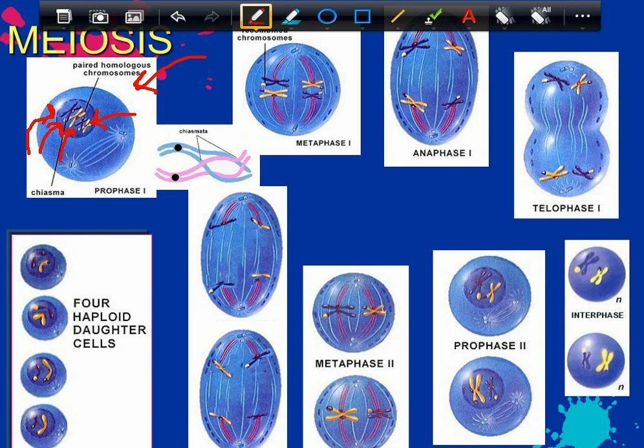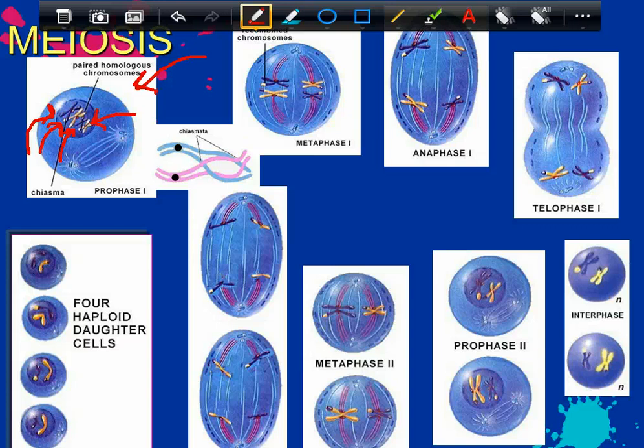Now obviously there are actually 23 pairs. There are going to be 46 in a real cell, but we wouldn't be able to see anything, so they've just reduced it to 4 to make life easier for you. You can see that they have their sister chromatids. It looks like 8. No, there are only 4, but the 4 have duplicated DNA.